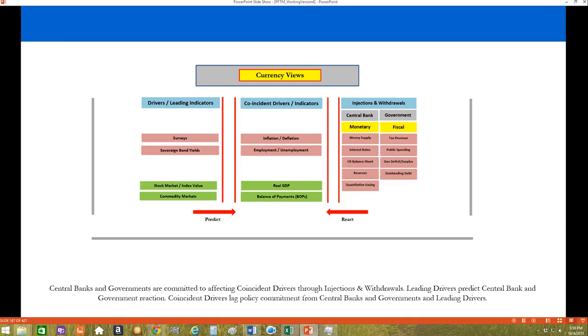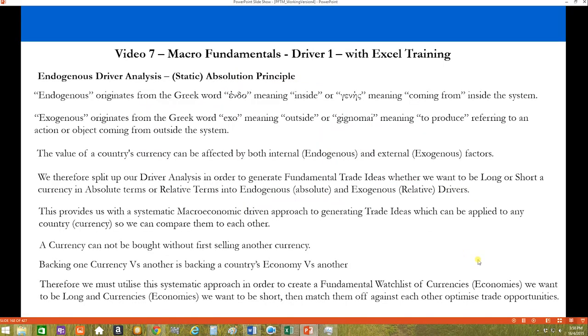And what we do is first, we basically break down all of these drivers further into both endogenous and exogenous drivers. So what is this? Well, the endogenous driver analysis, and this is where we're going to start. The endogenous driver analysis is predicated on a static or absolution principle.